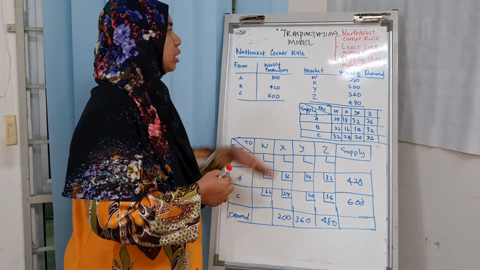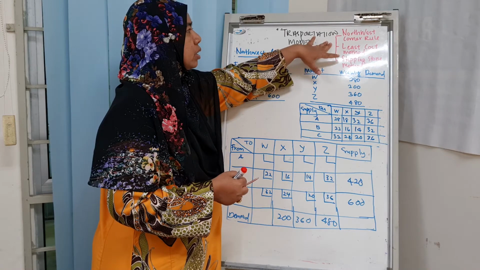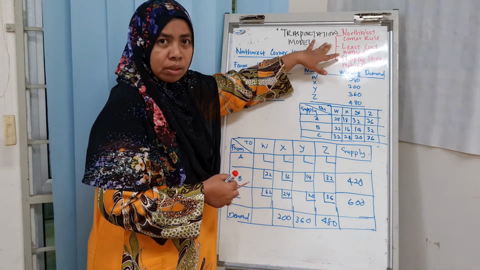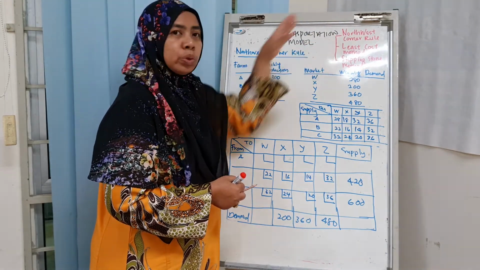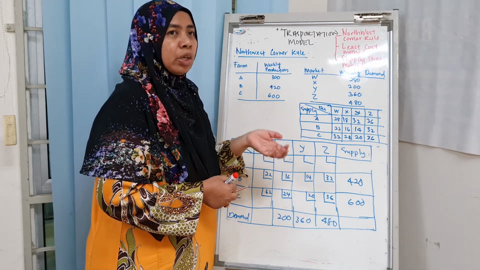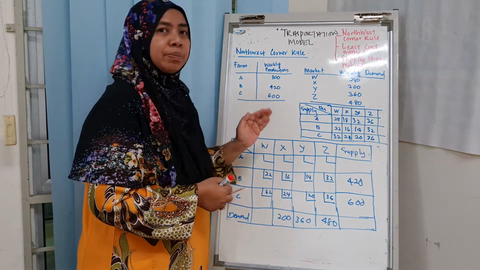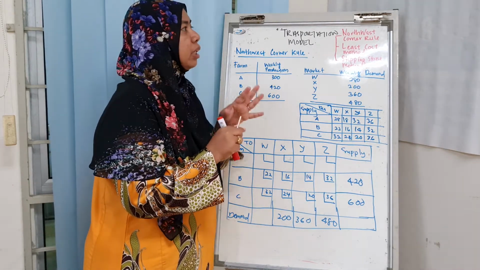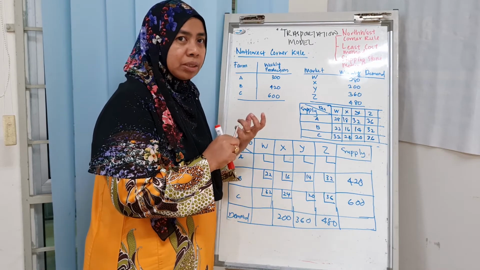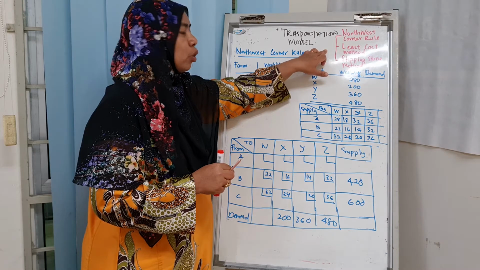So in the transportation model, we have three methods. The first is the northwest corner rule. In the northwest corner rule there are two different calculations: first, where demand and supply are equal, and another where demand and supply are not equal. The second is the least cost method.